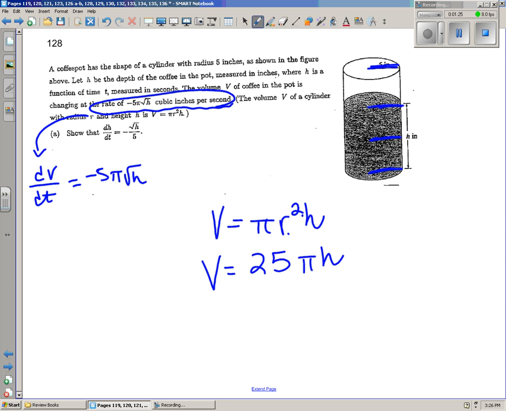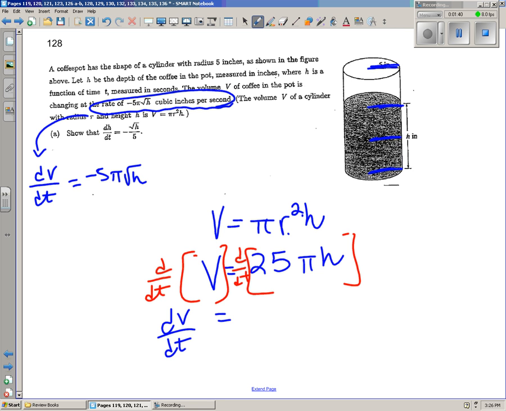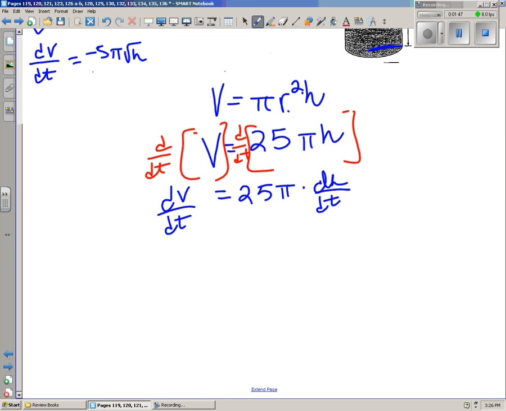Now to get dV over dt involved and dH over dt involved, we want to differentiate both sides of this equation with respect to time. And so we get dV over dt equals 25 pi as a constant times dH over dt. They were very nice to us, they told us dV over dt was negative 5 pi radical h, so that equals 25 pi dH over dt.